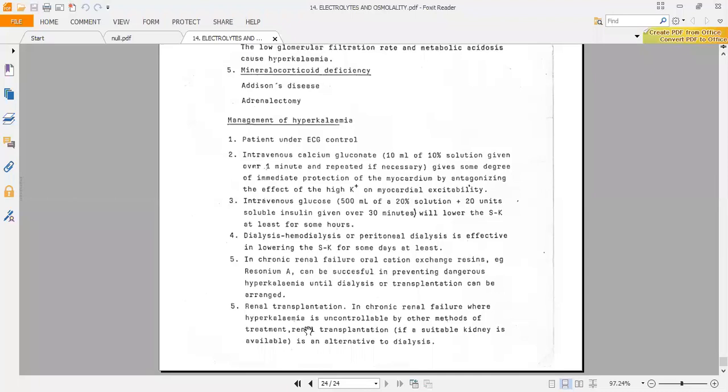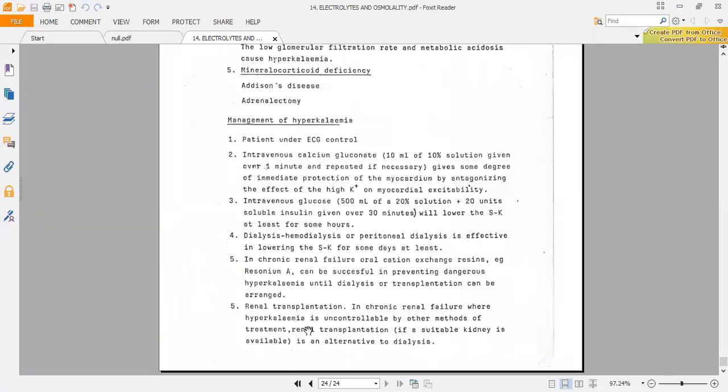So that's the first thing we do. Calcium gluconate is the rule of 10: 10 mL of 10% calcium gluconate given over 1 minute. Okay, so 10 mL, that's the rule of 10. And as I said, the function is to stabilize or give protection to the myocardial tissue.